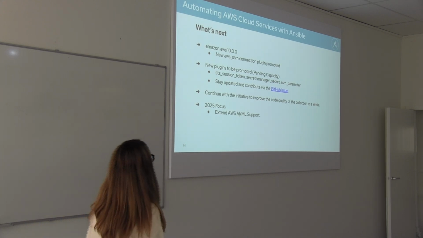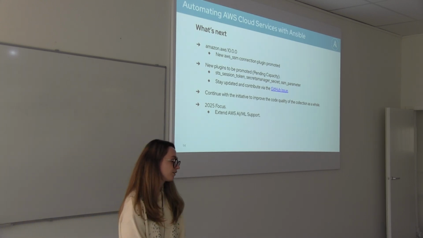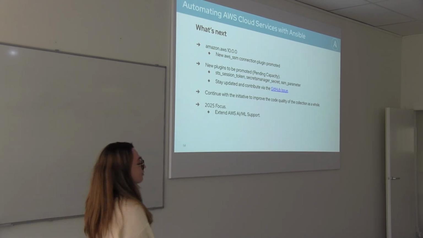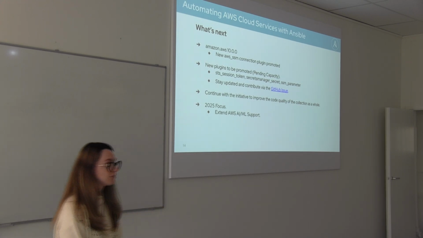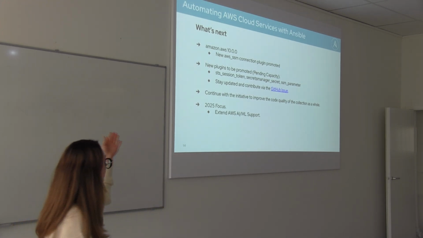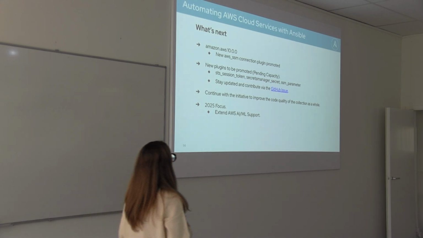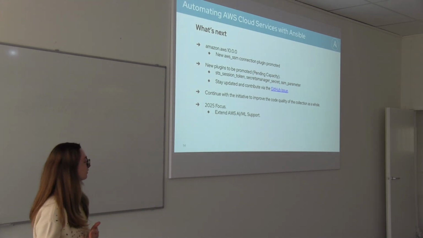Now, let's see what's in store for the amazon.aws collection. The first thing you're noticing is 10.0. This is the next major release of the collection, which will be happening around May, June. For this release, we have already planned some work around the AWS SSM connection plugin promotion. We have already started the refactoring process in the community.aws collection.